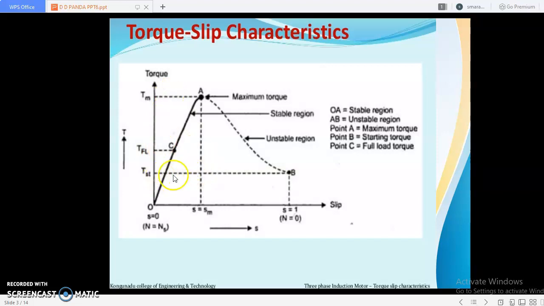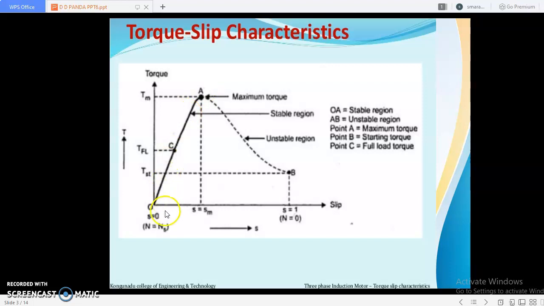So the starting torque region is the unstable region, and the maximum torque region is the point where maximum torque occurs and also maximum slip occurs, and the full load torque region is the more stable region.